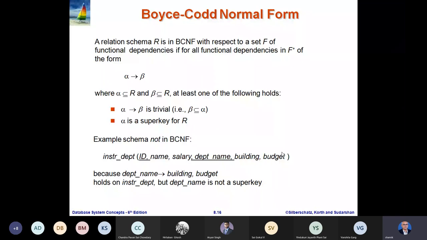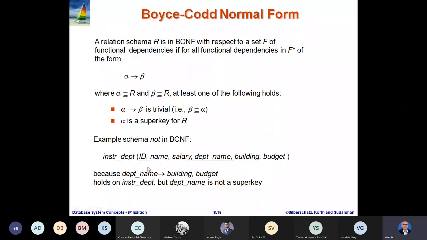Now, an example schema that is not in BCNF, as we had started with. Here the underlining is just to show, don't take it that these are primary keys.